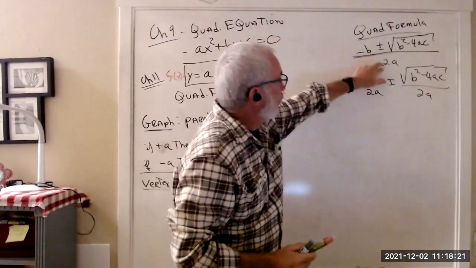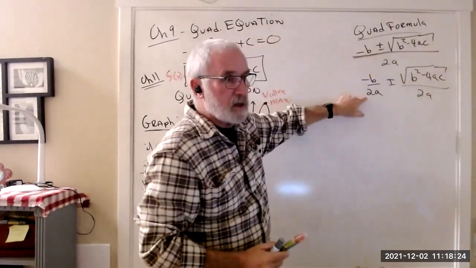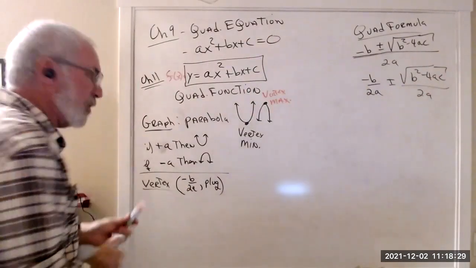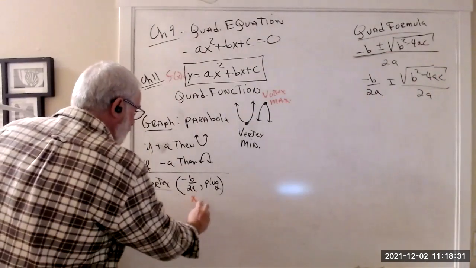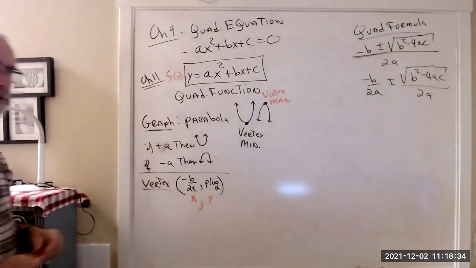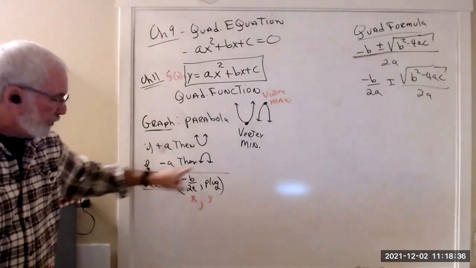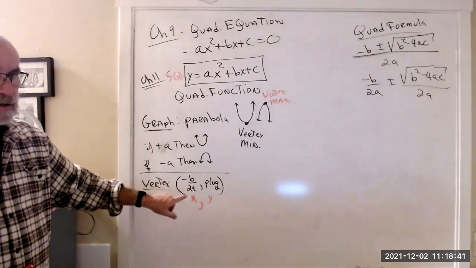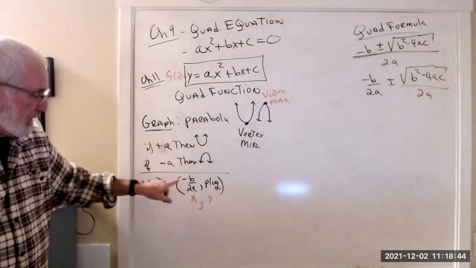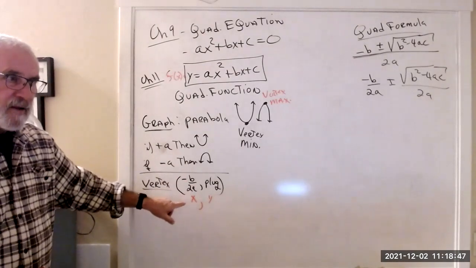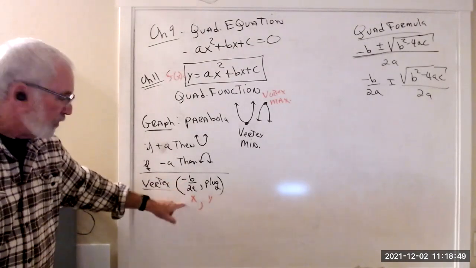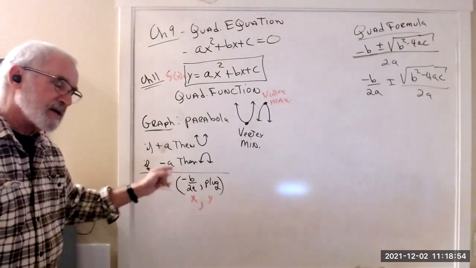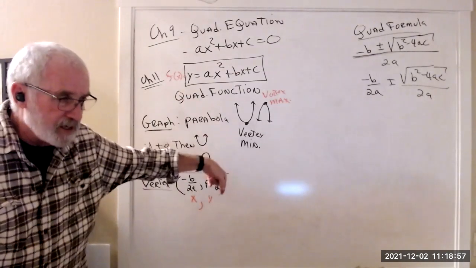So the front part of the quadratic formula tells us the x value. Remember, an ordered pair is an x comma y. So this formula, which you need to know, should go on your note card: vertex of a parabola, negative b over 2a. The x value is found just by plugging into this formula. The y value is found by taking this x and plugging it into the equation.